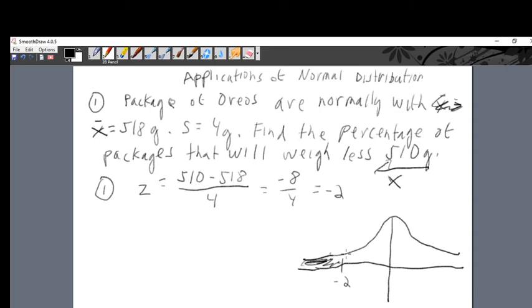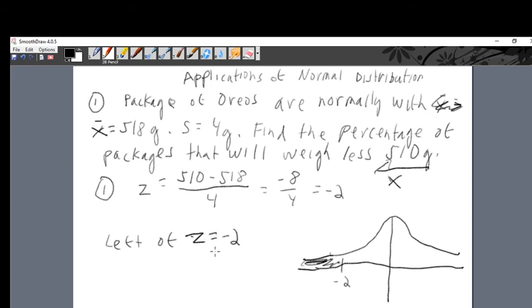So we go back to what we learned before. We want to know everything that is to the left of -2. Everything to the left, right? So we want everything to the left of z equals -2.